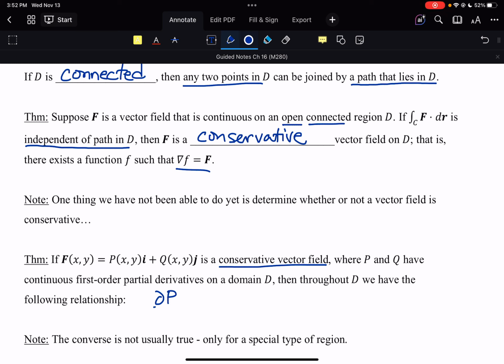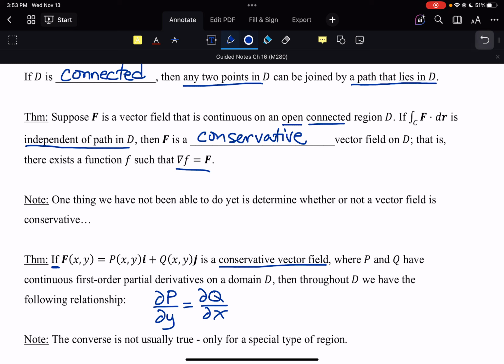Partial derivative of P with respect to Y equals partial derivative of Q with respect to X. So again, if the vector field is conservative, then this relationship will be true of its components throughout the domain.